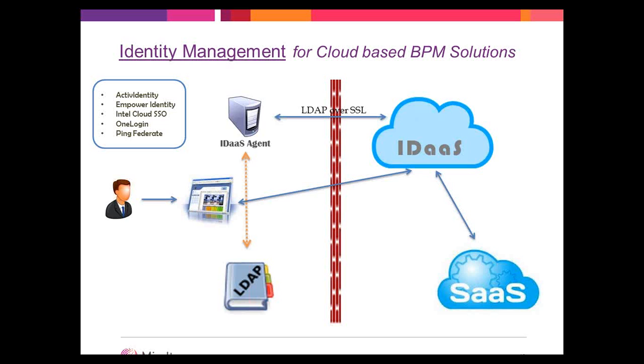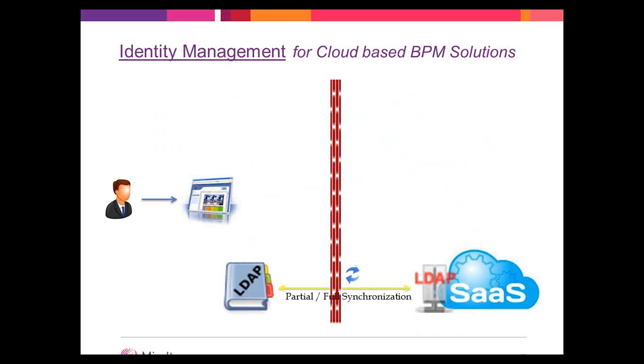Another, probably more straightforward approach to handle identity management is to copy over a corporate LDAP directory structure to a SaaS-based LDAP, or simply make your SaaS talk to your corporate LDAP, which is behind your firewall.